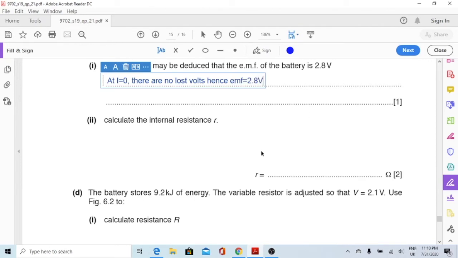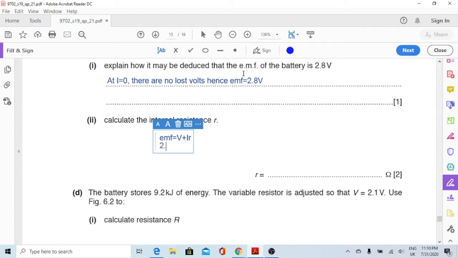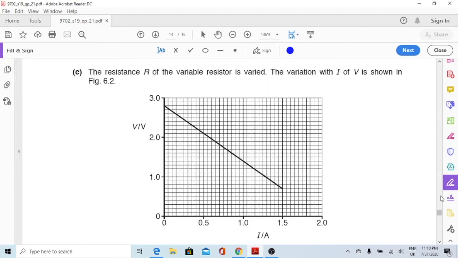Part 2, calculate the internal resistance r. So we'll use this formula. EMF is equal to potential difference plus lost volts. Our EMF we already got from part 1, which is 2.8. So 2.8 volts is equal to voltage at any point plus the internal resistance at that point within the circuit.